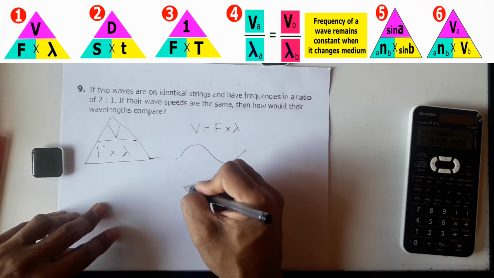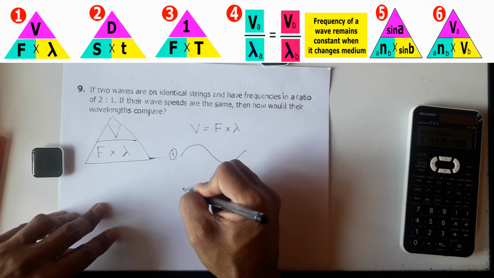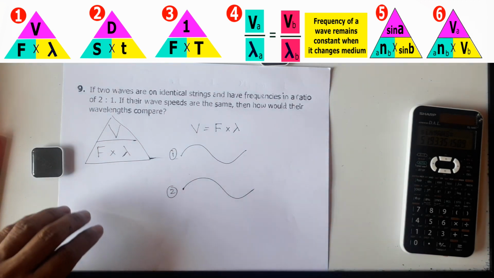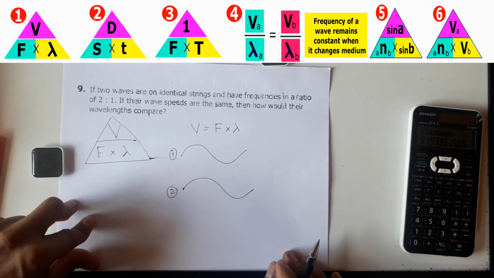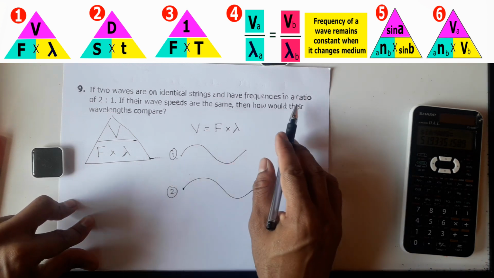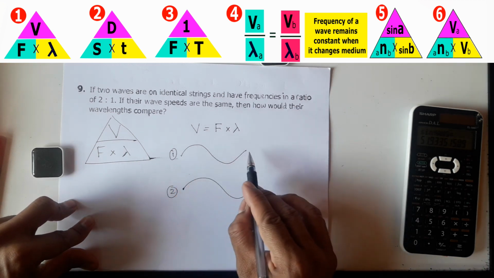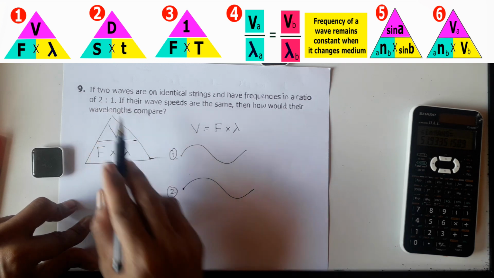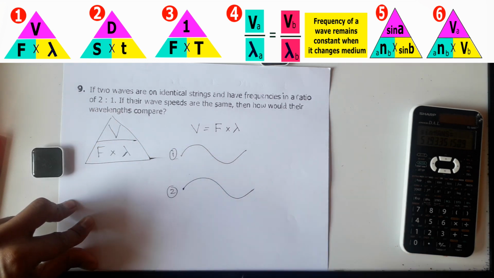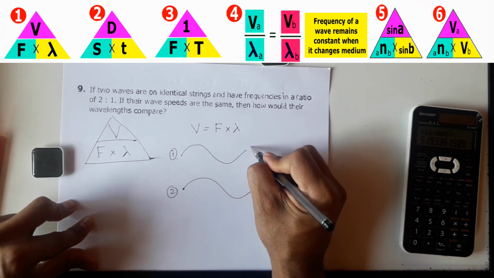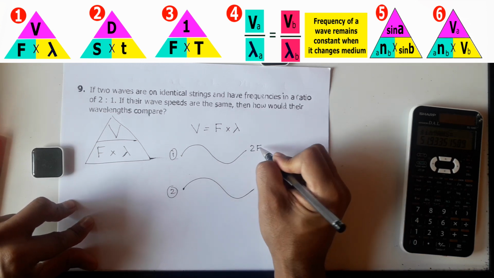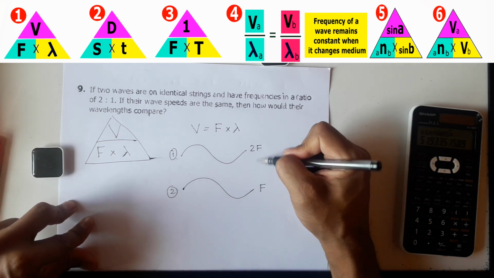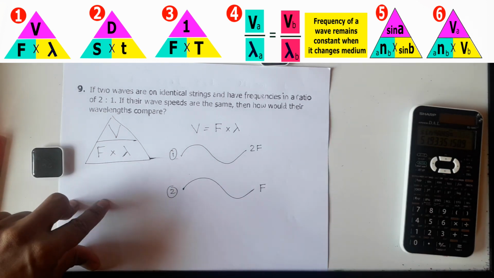Let's draw any 2 waves here, wave 1 and wave 2. Let's say the first wave has a frequency twice the second wave, because a ratio of 2 to 1 means that this frequency is twice this frequency. So let's call this frequency 2f and the frequency of the other wave just f. You notice 2f is twice as big as f.